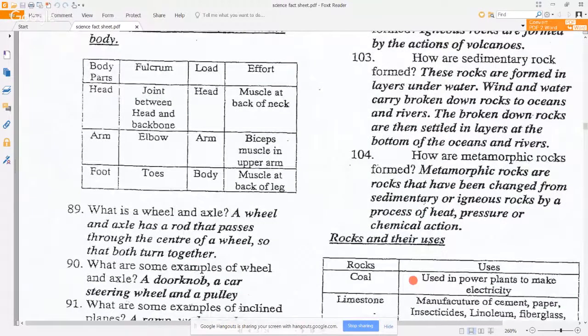How are sedimentary rocks formed? These rocks are formed in layers under water. Wind and water carry broken down rocks to the oceans and rivers. The broken down rocks are then settled in layers at the bottom of the ocean and rivers.